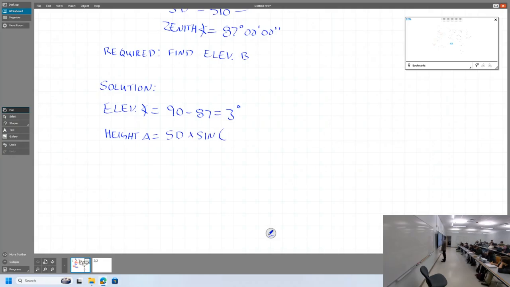That's going to be 510.32 times the sine of 3 degrees.